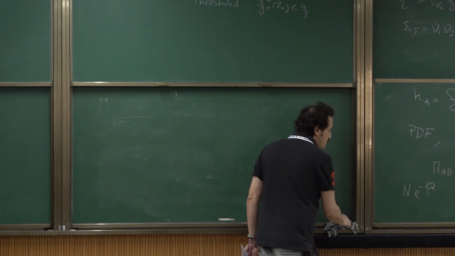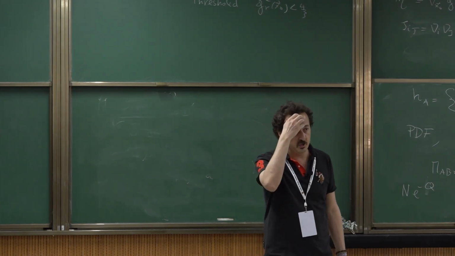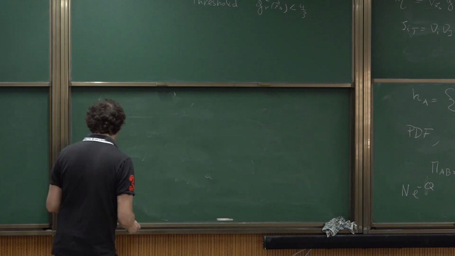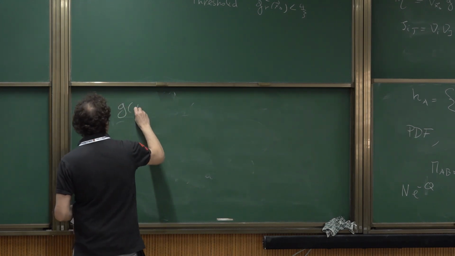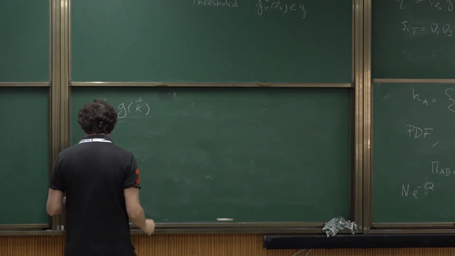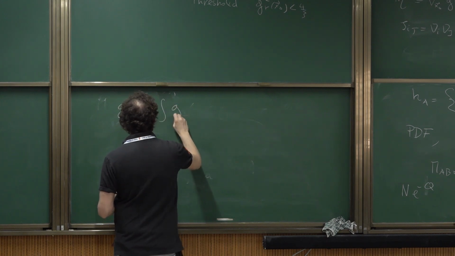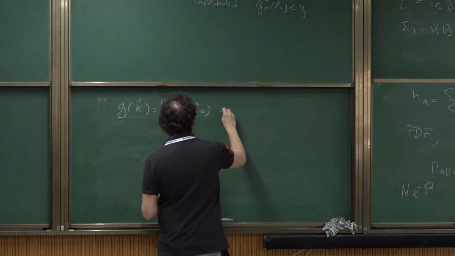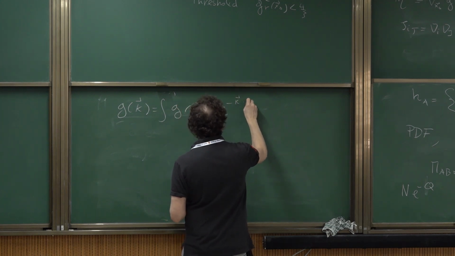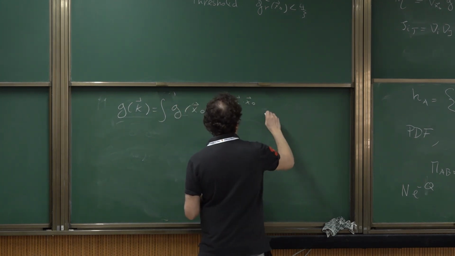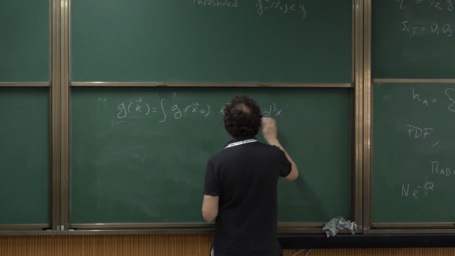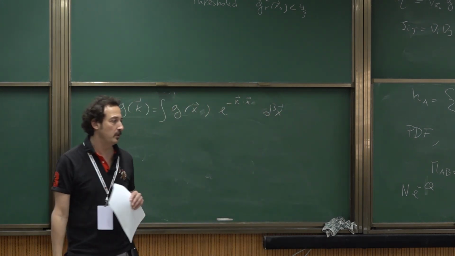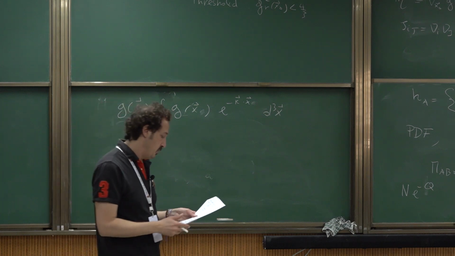This will be, of course, related to the Fourier decomposition of zeta, but at the moment we don't care. So then g_k, the Fourier modes, are going to be the integral of g in x con 0 e to the minus i k x, d3x. This is simply the decomposition of my variable g.